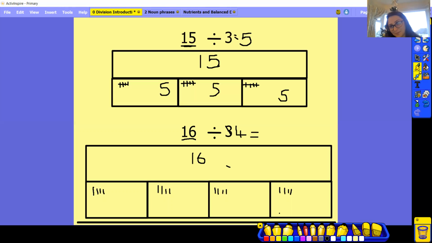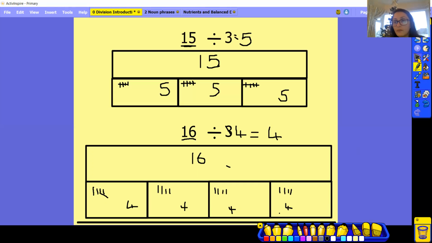There we go. So 16 divided by 4. In each group, one of those groups equals 4. And you could have done the inverse. If you do 4 times 4, 4, 8, 12, 16. You would have known that each one of these is worth a 4.